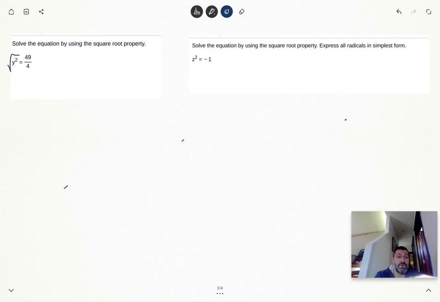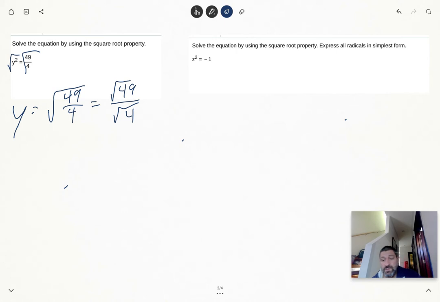So take the square root of both sides, we end up with y equals the square root of 49 over 4. And that would be the same as the square root of 49 over the square root of 4.